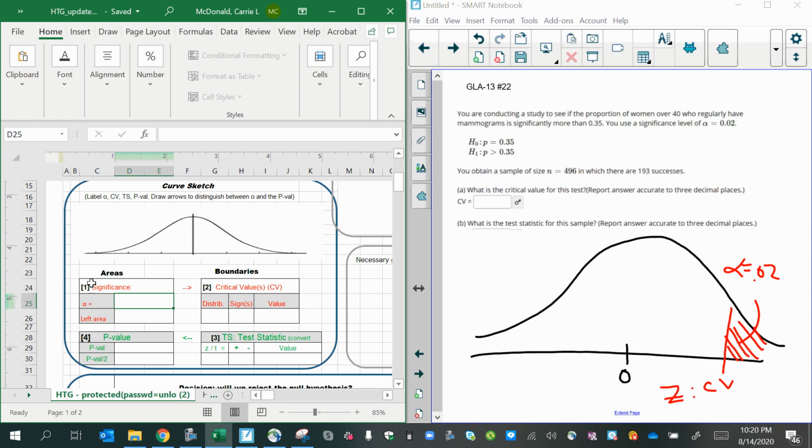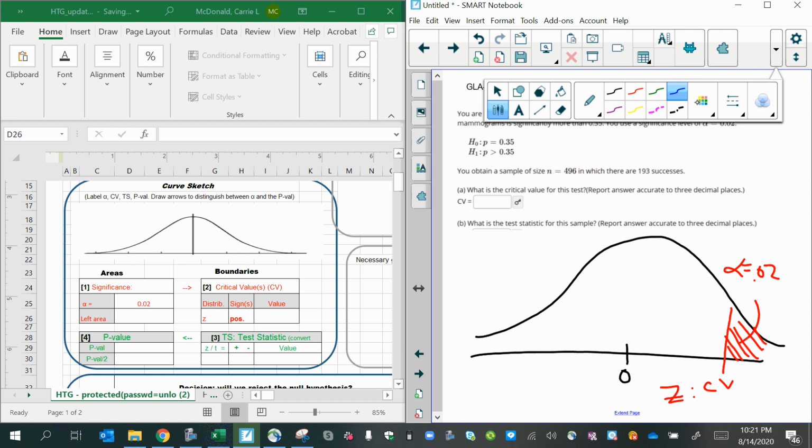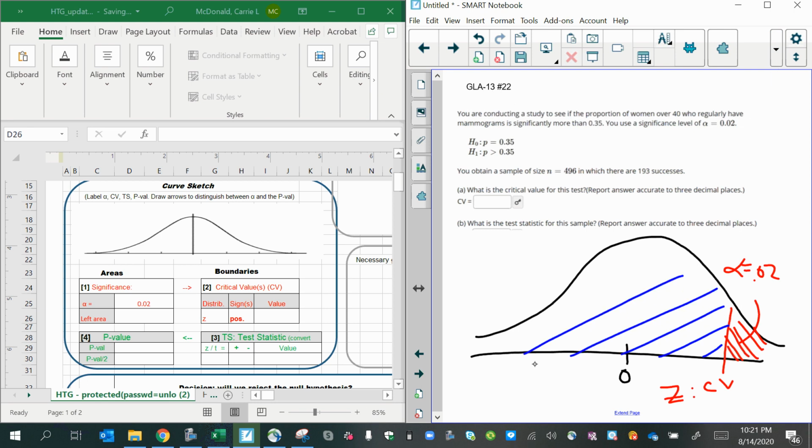So with an alpha of 0.02, that gives us a z-score that is positive. Now, the area to the left of this here is actually this over here. That's what the computer is going to think we're giving to it when we use the norm.inverse function. So this is 0.98 over here.